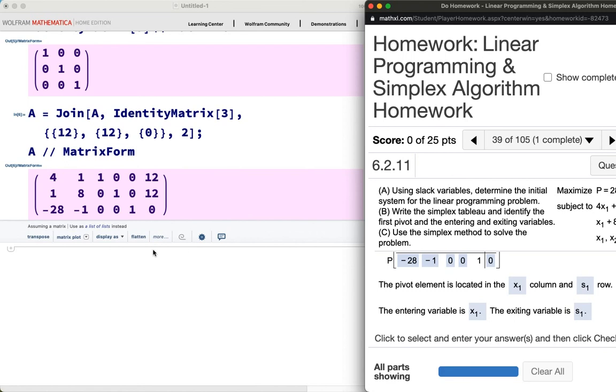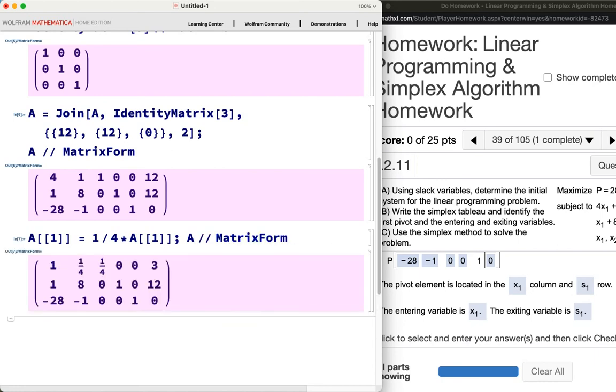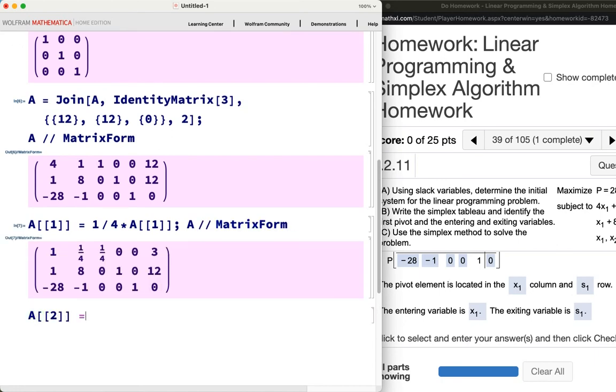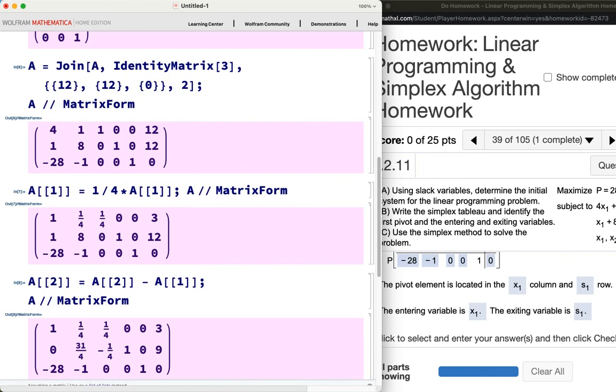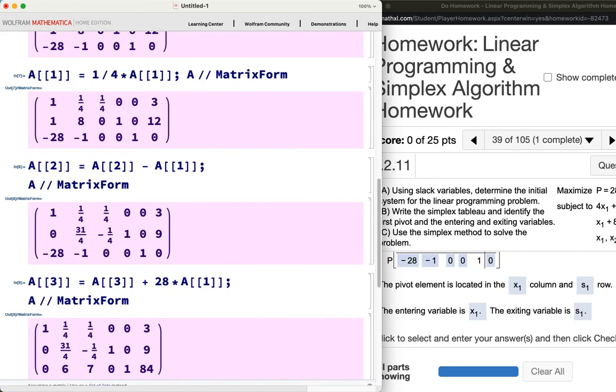So the first row of matrix A is 1 over 4 times the first row of matrix A. And then the second row of matrix A is the second row minus the first row, and that's going to look like that. All right, and then the third row of matrix A is going to be the third row plus 28 times the first row, and there we have it.